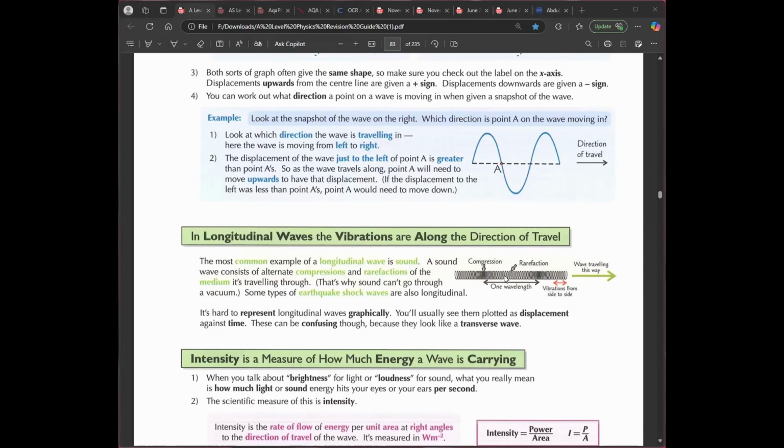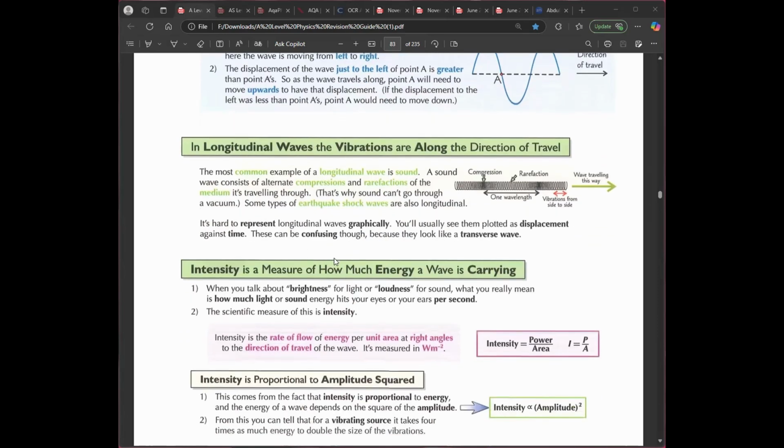Like if you see the example of the spring, they have caused some disturbance to the spring, and you can see the compressions and then, when it is uncompressed, which is called rarefaction, the vibration also travels in the same direction as the energy or the wave is traveling. So this is a longitudinal wave. So that is the definition of a longitudinal wave.